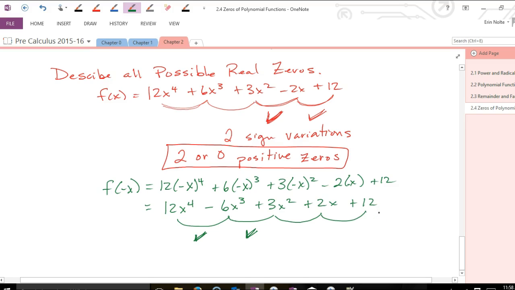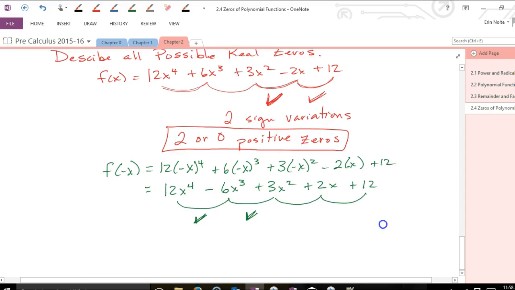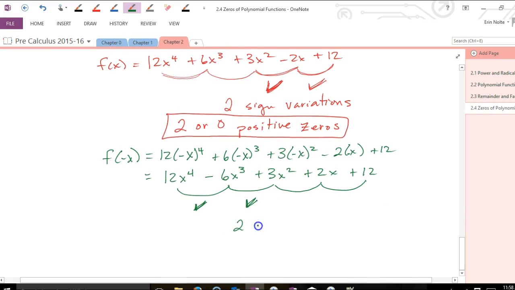No. Okay, so again, how many sign variations are there? So 2 sign variations. So again, that implies that how many negative zeros are there? Possibly. So there's either 2 or 0.